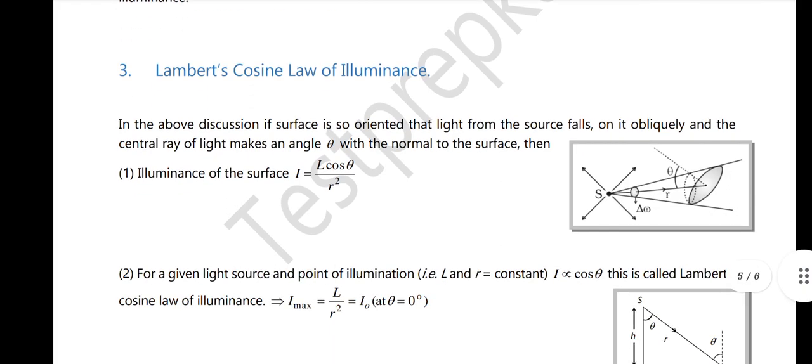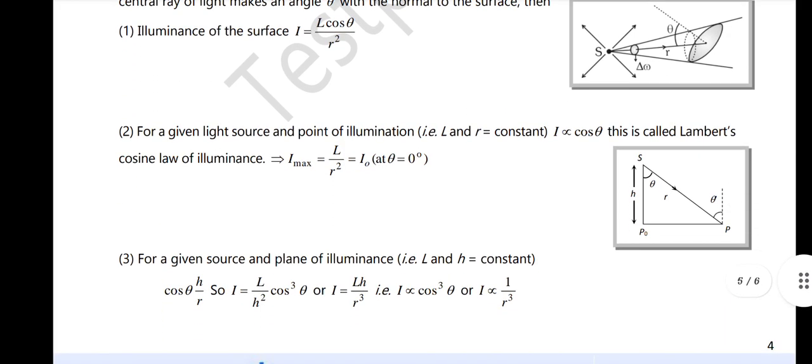Next is Lambert's cosine law of illuminance. In the above discussion, if the surface is oriented so that light from the source falls on it obliquely, and the central ray of light makes an angle theta with the normal to the surface, then the illuminance of the surface is I = L cos theta / r².